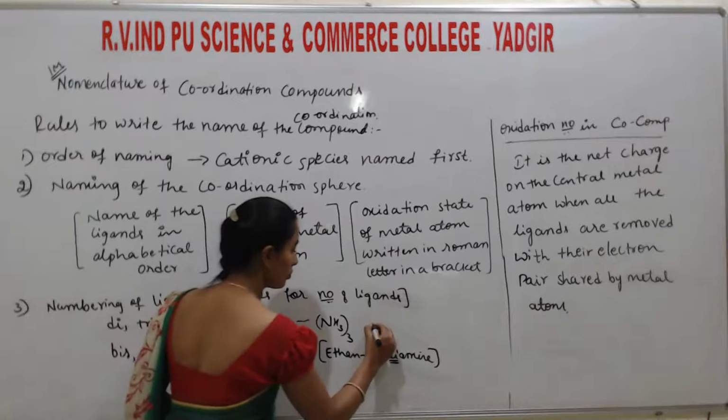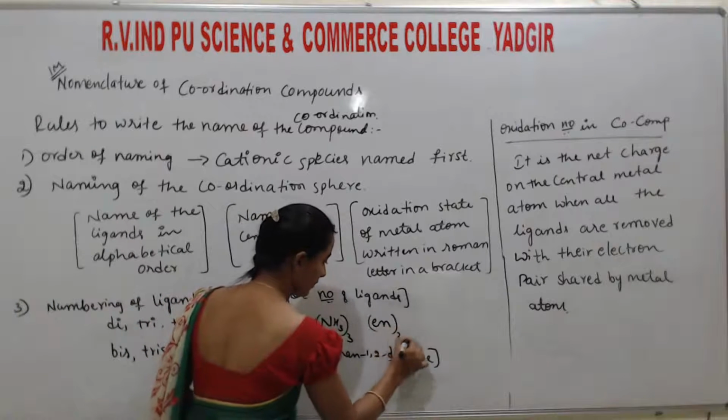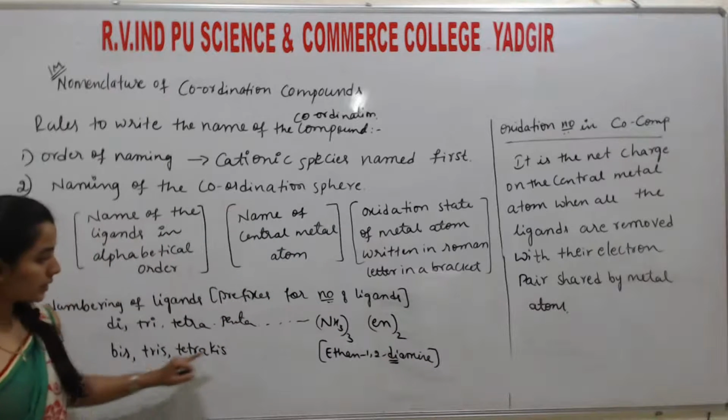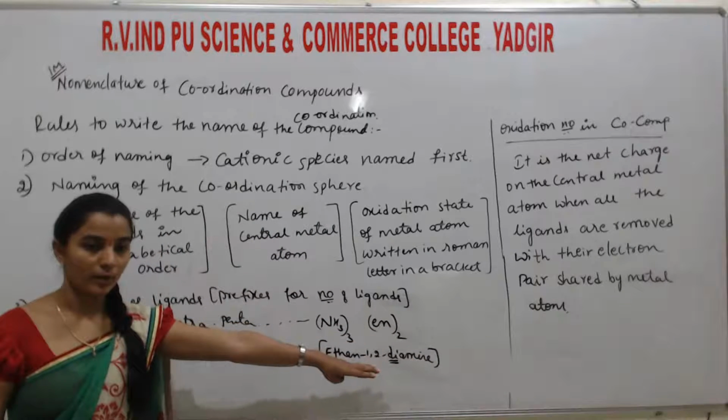For example, en 2 times is written as bis(ethane-1,2-diamine).